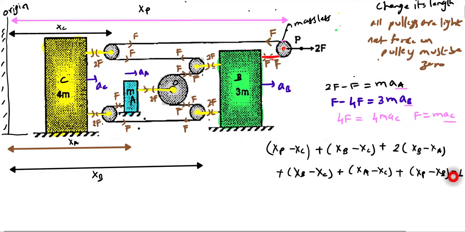That should be equal to displacement of this pulley, which is connected to the free end, minus displacement of this block, which will lead to a change in length of the string. So this length of string should be equal to XP minus XC. I think I'll write this in the beginning.